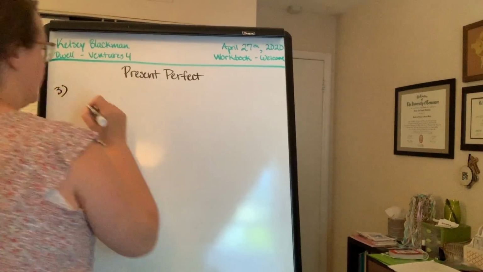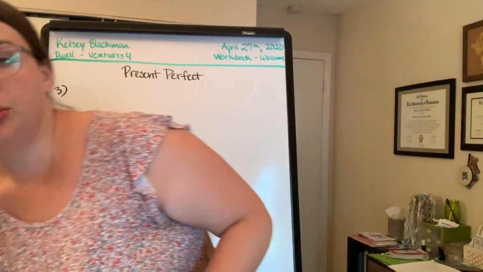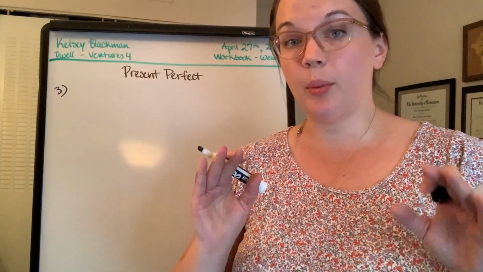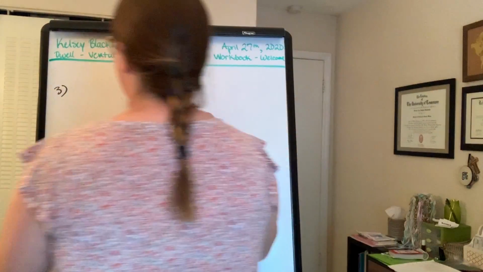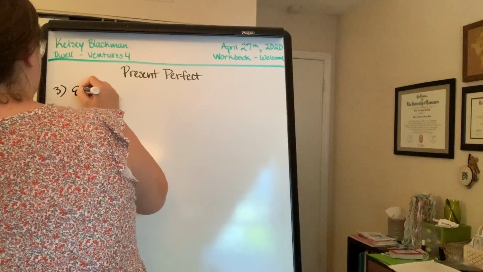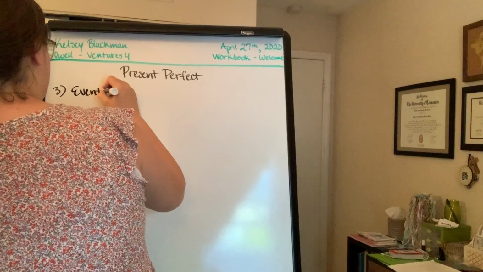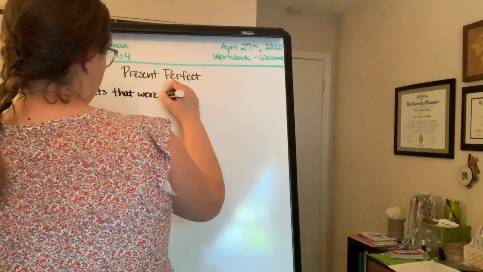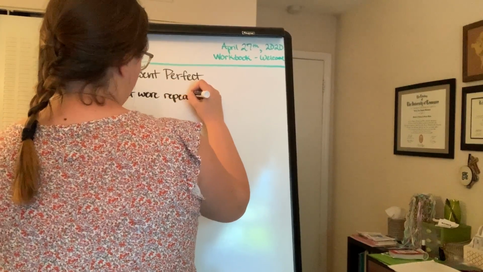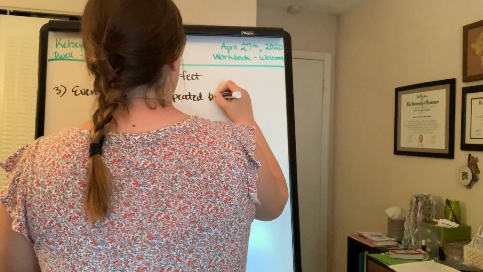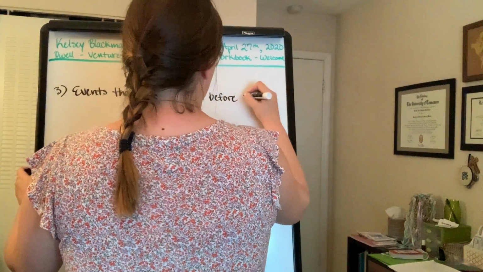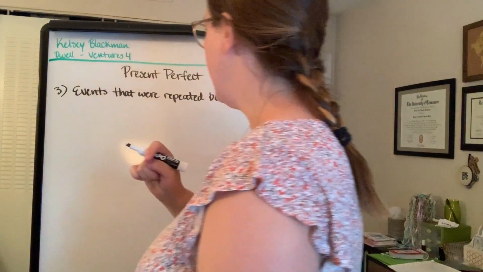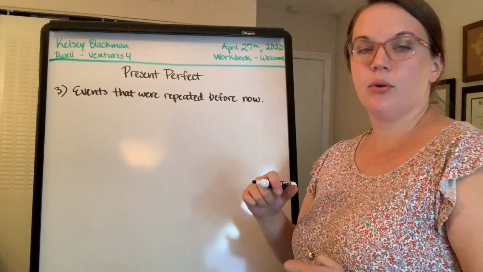So the third use for present perfect is events that were repeated before now. Okay, events that were repeated before now.